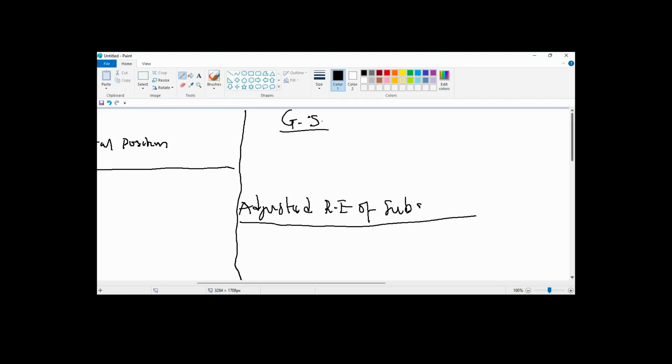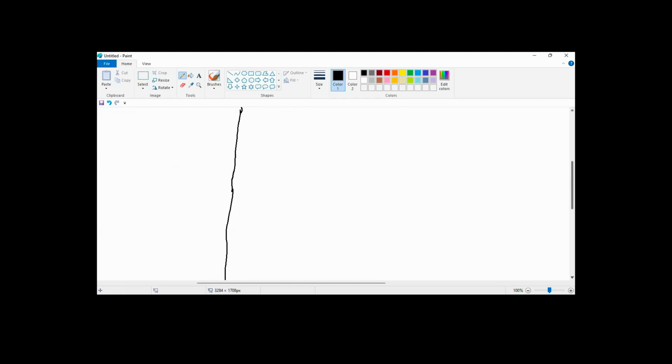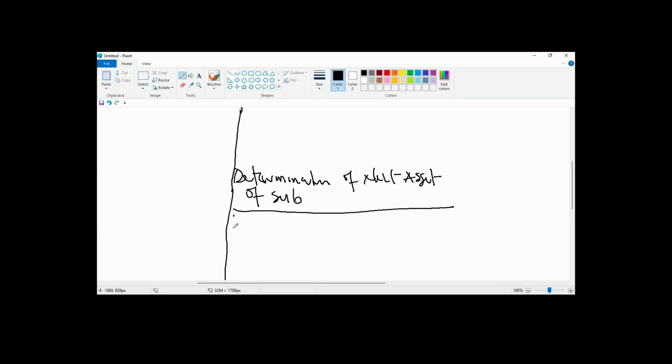Then I need to determine the net assets of the subsidiary: items, DOA, DOC, and POS.